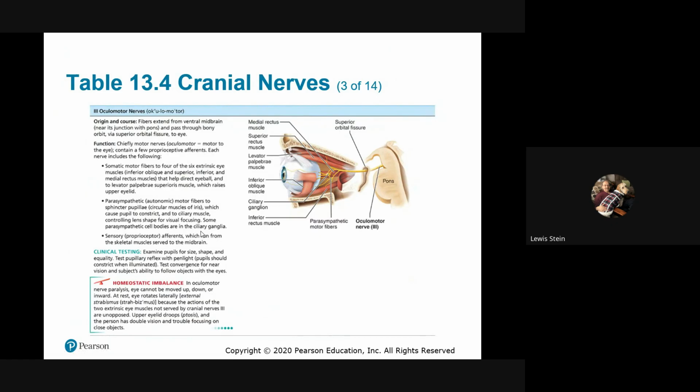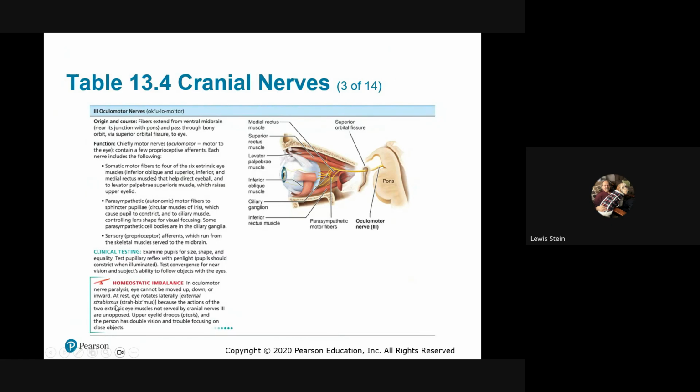Because you're going to see the pupil constricts, narrows, or widens, it dilates. The muscle is interesting. It's a circular muscle. So it's almost glandular in nature. Obviously, there are also proprioceptors. And again, you test using a pen light, etc.